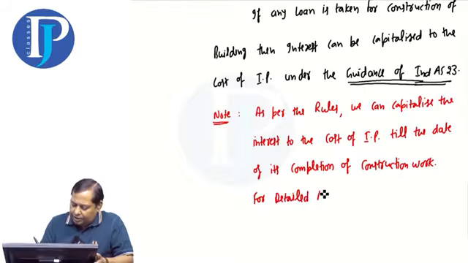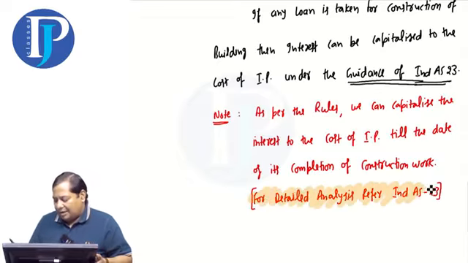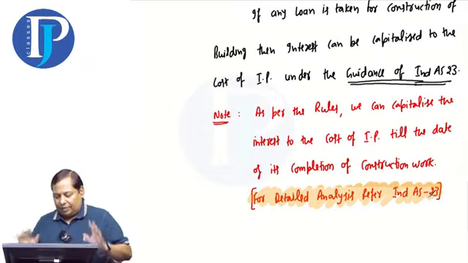For detailed analysis, refer to Ind AS 23 if you need to refer in details. Only Ind AS 23 will tell us. It's just a brief information. You can capitalize the interest up to the construction. That's it.